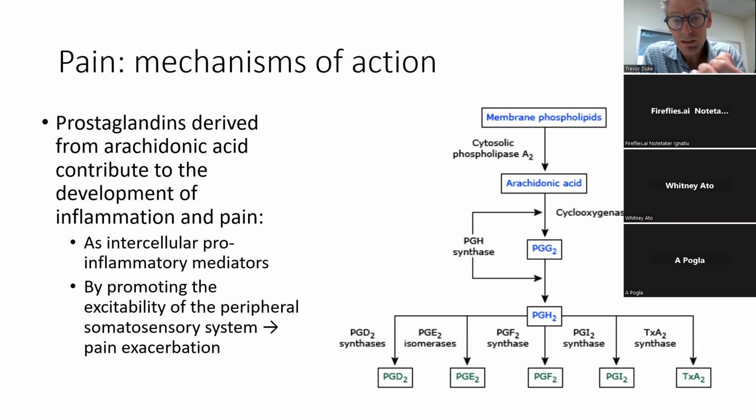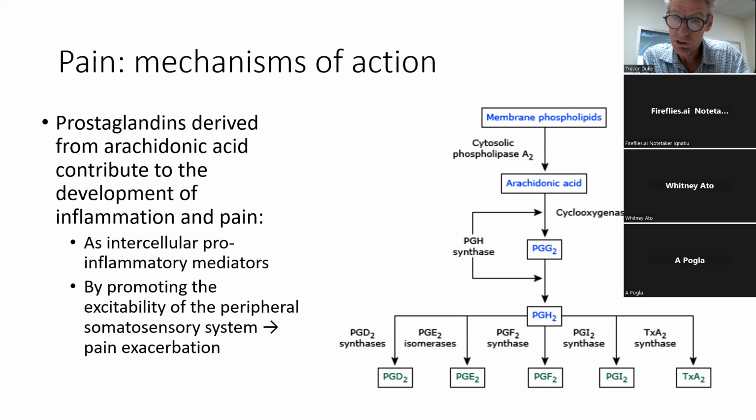And if you think about, if there's trauma to any tissues, then there'll be damage to the cell membranes, and it's damage to cell membranes that leads to a release of arachidonic acid, which is within the membrane phospholipid, and that produces prostaglandins, a whole range of prostaglandins, including thromboxane and prostacyclin, a variety of other prostaglandins.